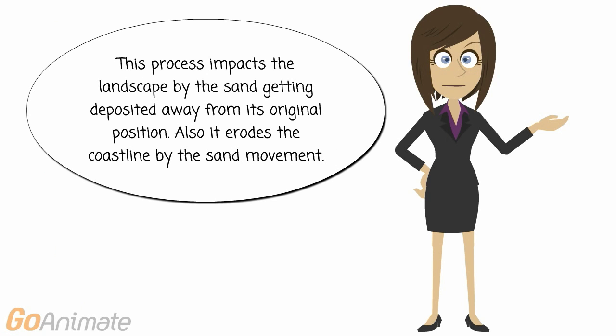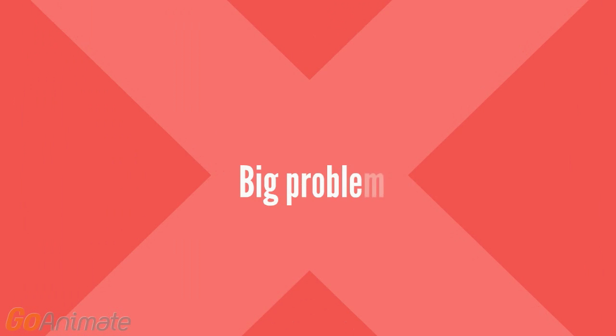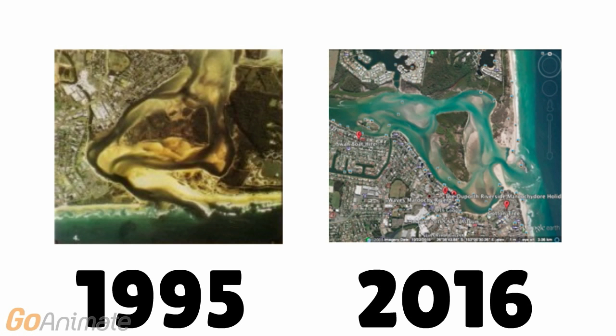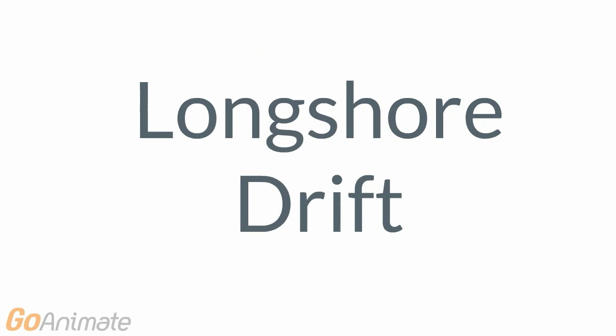Also, it erodes the coastline by the sand movement. Together, this is a big problem as the beach will change over time. Let's take a look at 1995 to 2016. As you can see, there are big changes because of longshore drift.